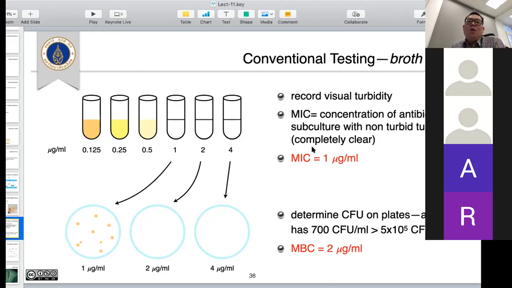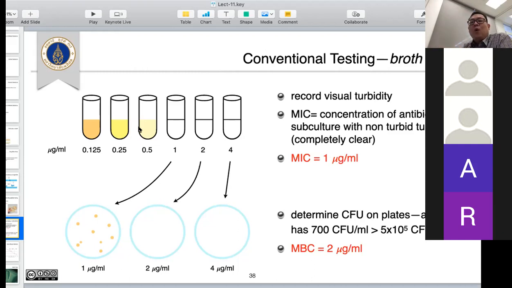So we want to know the MIC. MIC is the minimum inhibitory concentration of the drug. That means the minimum concentration that still shows up clear, where bacteria cannot grow. In this case, MIC is equivalent to 1 microgram per ml, because at 0.5 you still see some turbidity inside.